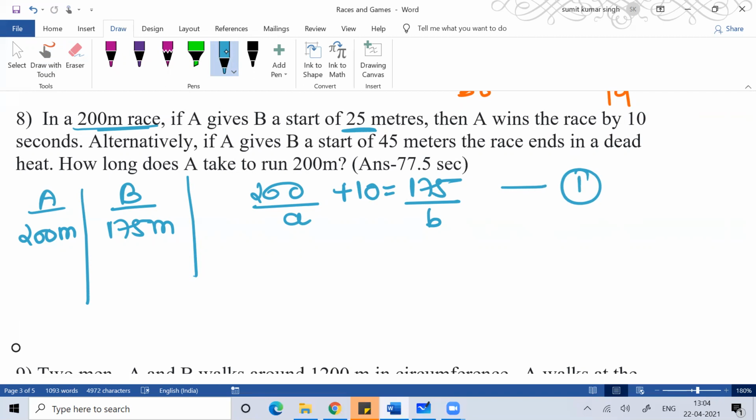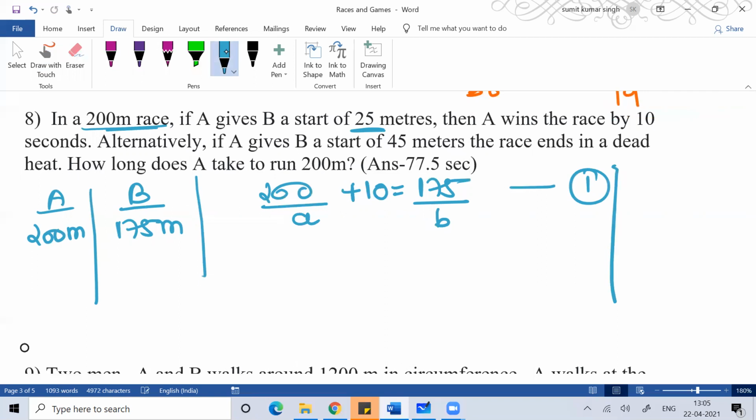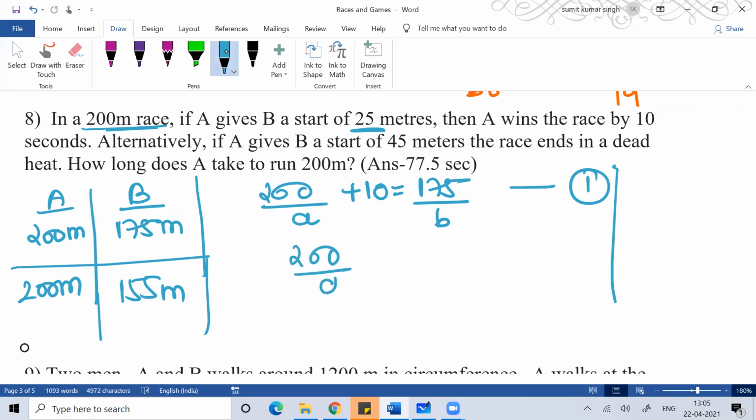Then alternatively, if A gives B a start of 45 meter, means A told B that you run 155 meter, I'll run 200 meter, then the race will end in a dead heat. So the second equation means 200 by A is equal to 155 by B.